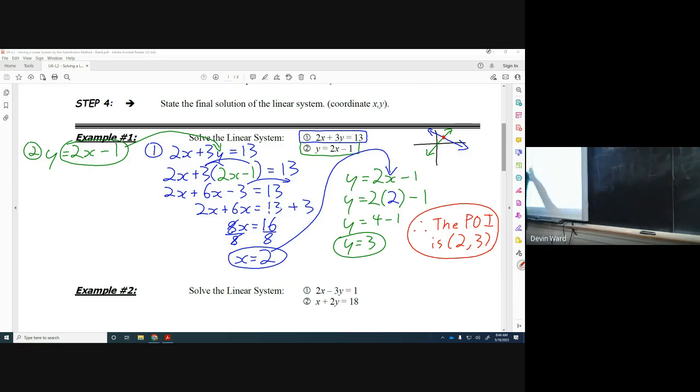So what we did is we subbed equation number 2 into equation 1. That's what we did here.